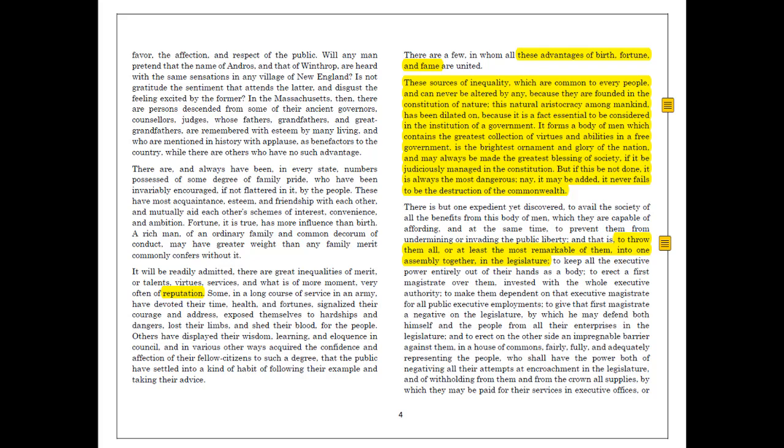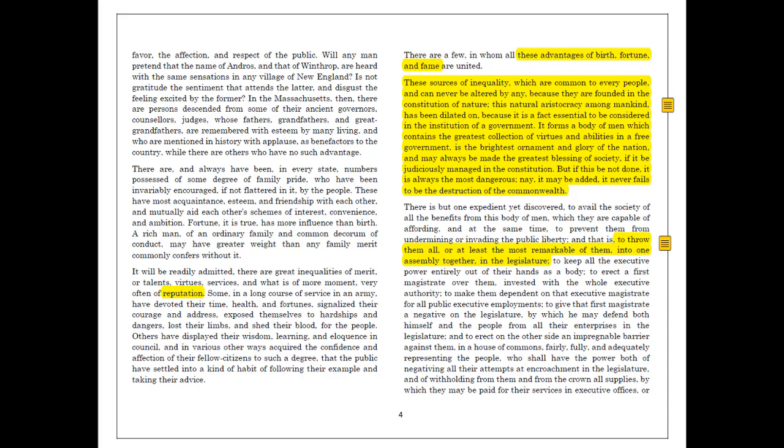And that is the solution that he proposes in the following paragraph. What do we do with this group of super talented, super virtuous people? If we don't want them to be corrupted, then in the highlighted line, we throw them all, or at least the most remarkable of them, into one assembly together in the legislature. And that, in Adams's mind, is the purpose of the Senate in a bicameral legislative structure.